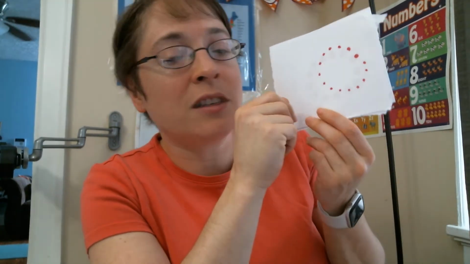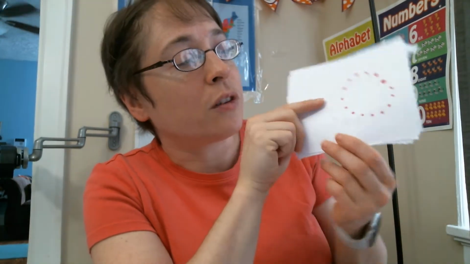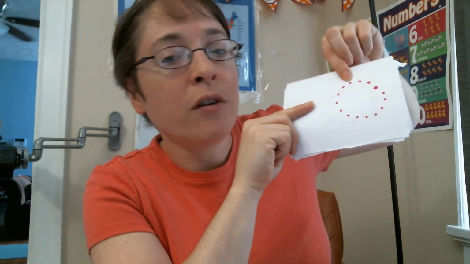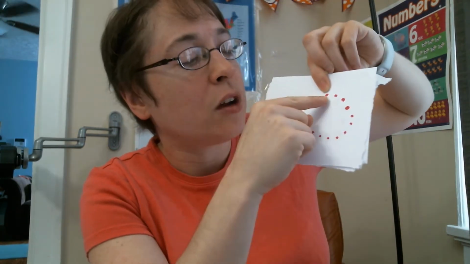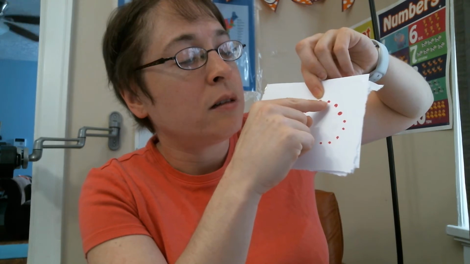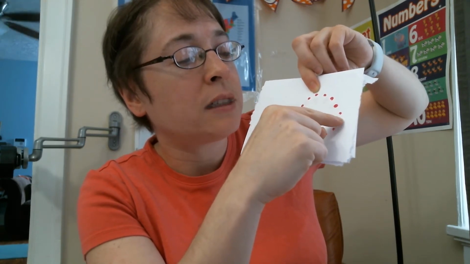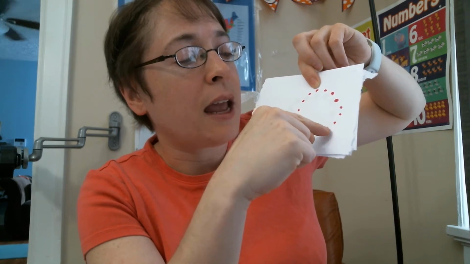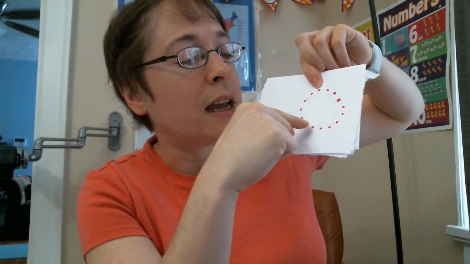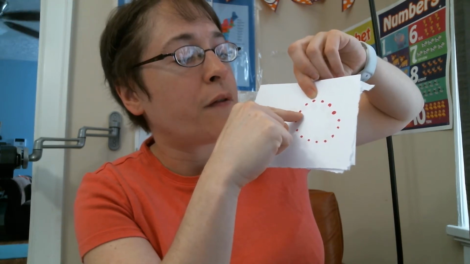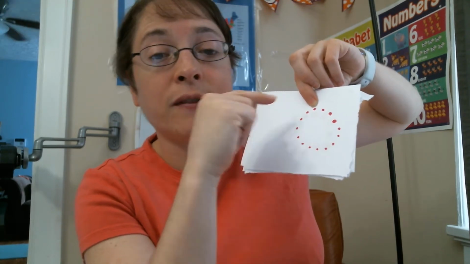All right, let's try the dots. So here are some dots. Again, I'm going to put my finger where I'm going to start counting. 1, 2, 3, 4, 5, 6, 7, 8, 9, 10, 11, 12, 13, 14, 15.